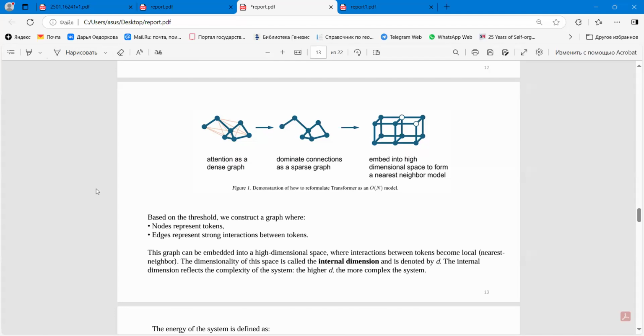So I would assume that each vertex will be connected to just one other vertex. So maybe not the strongest, but there will be some kind of cutoff, and you will only draw the edges to the other tokens for which you have strong interactions, but it wouldn't be only a single edge for each vertex. Otherwise, it would be a very boring graph.